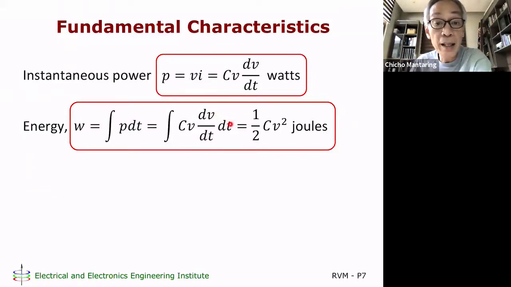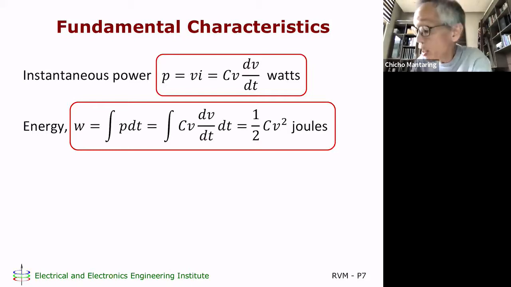Notice that the dt is going to cancel out, because you have CV dV/dt times dt. So you have the integral of CV dV, which is just 1/2 C v squared. The integral of v dv is v squared over 2.